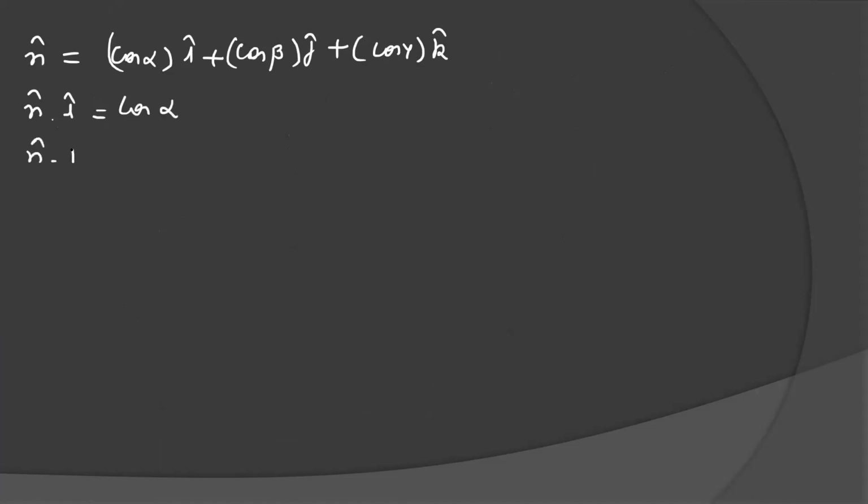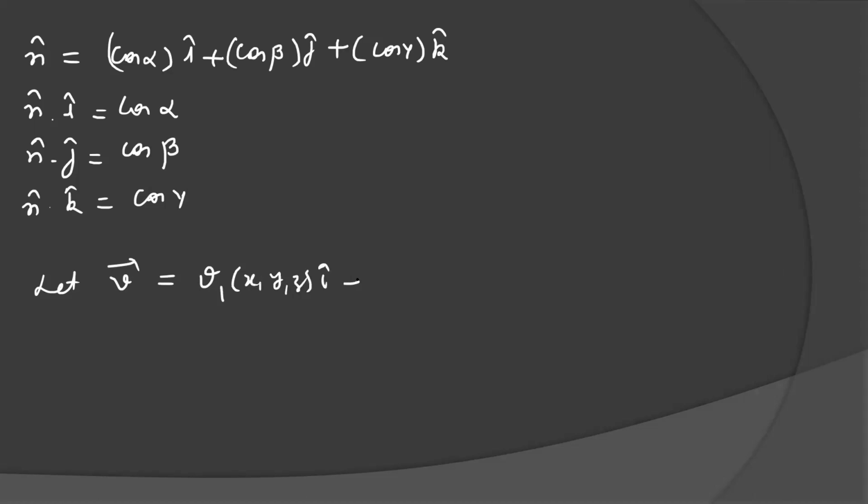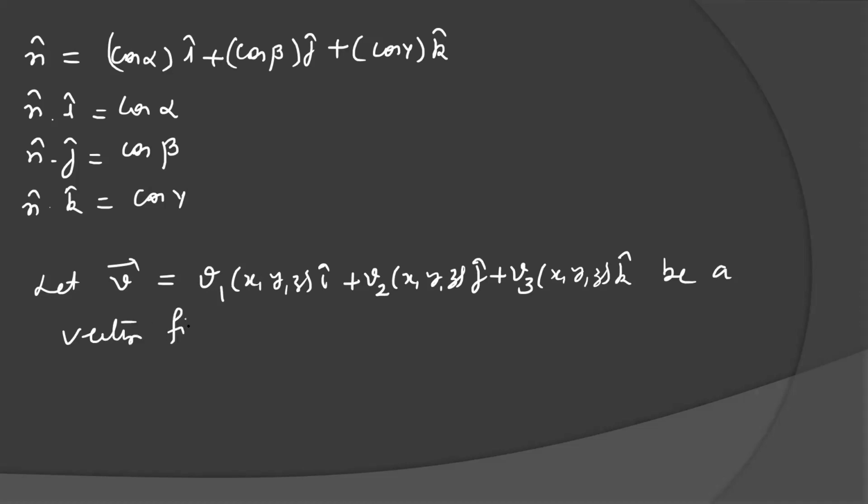With j, it will give you cos beta, and with k, it will give you cos gamma. Now let vector v equal to v1(x, y, z) i plus v2(x, y, z) j plus v3(x, y, z) k be a vector field.